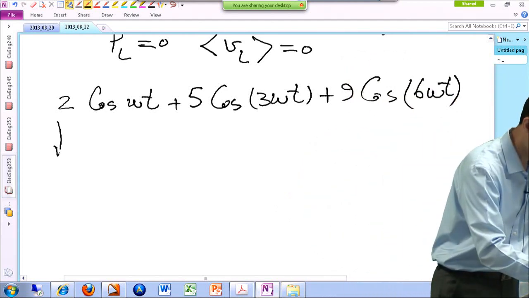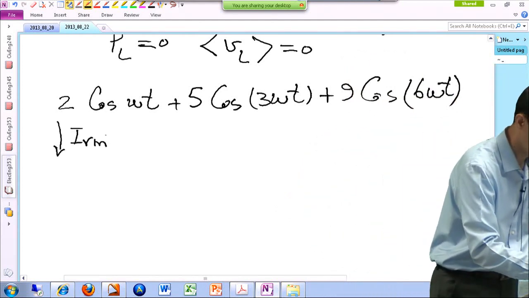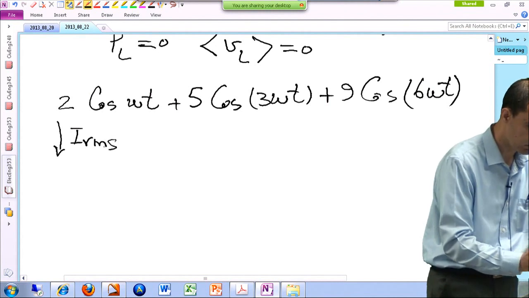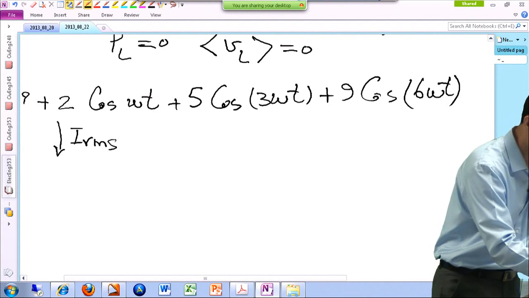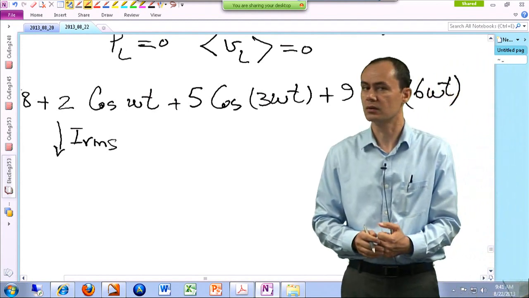If you are trying to find the RMS value, first of all, let's also add a DC component. For instance, let's say we are looking at 8 as the DC component of the signal.